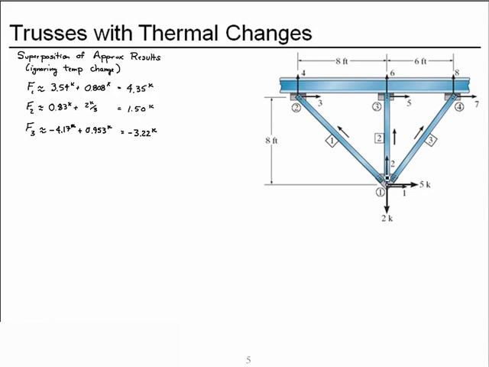And so the restraining action of the lengths of the other members means that as this one tries to grow a lot, it will generate some compression. And this one we expect will experience some compression due to just the temperature change.